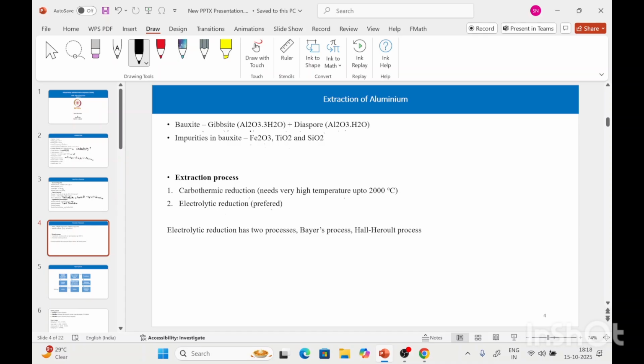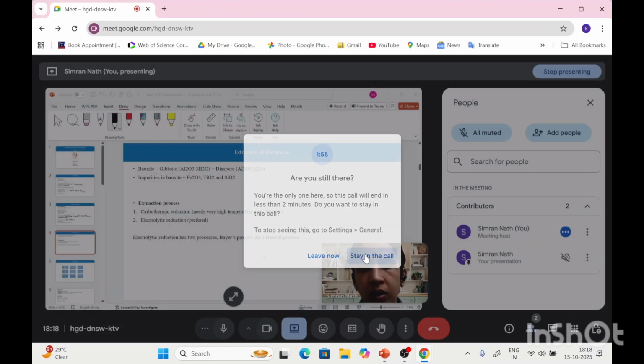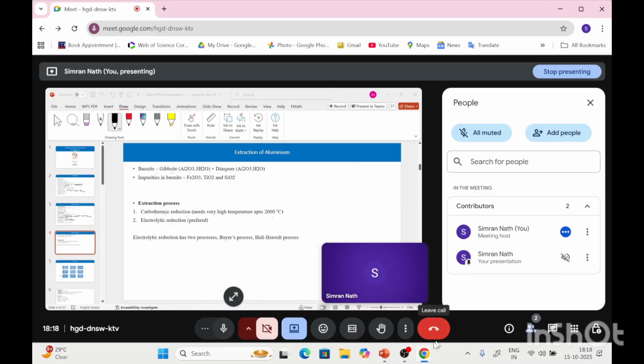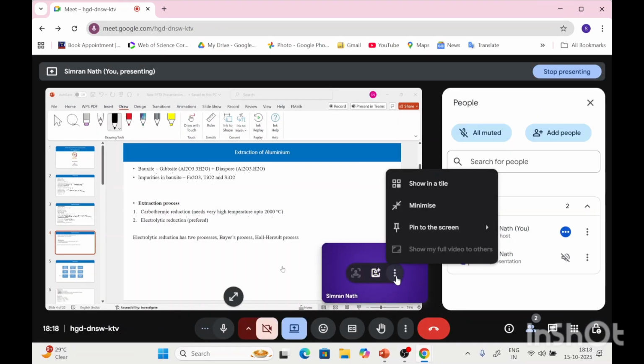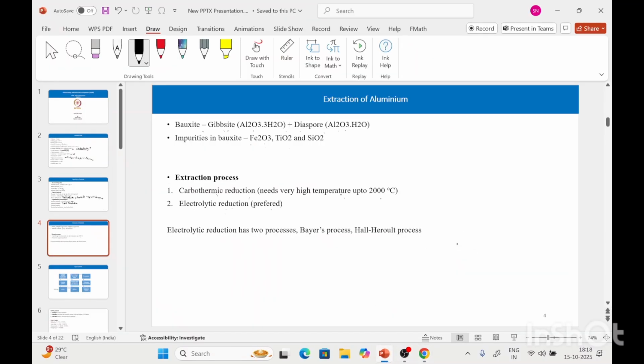If we want to extract the aluminium from this ore, there are two methods. First is carbothermic reduction, and second is electrolytic reduction. In carbothermic reduction, a very high temperature around 2000 degrees Celsius is required to disintegrate the alumina.